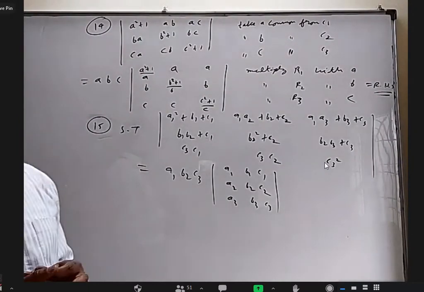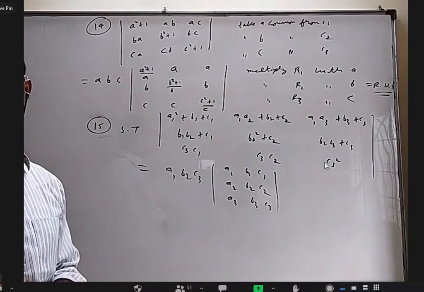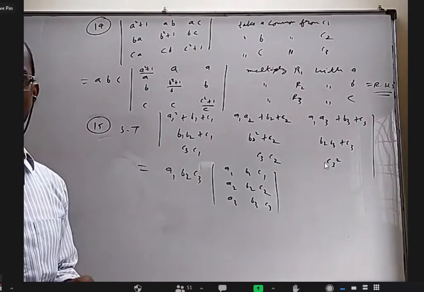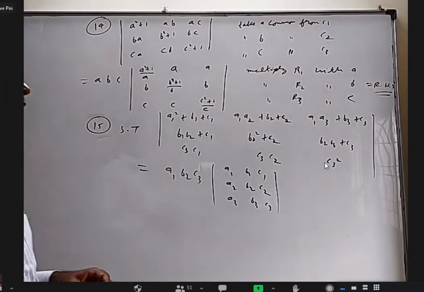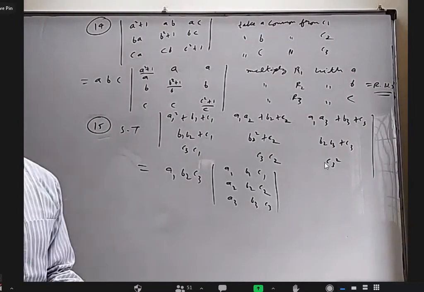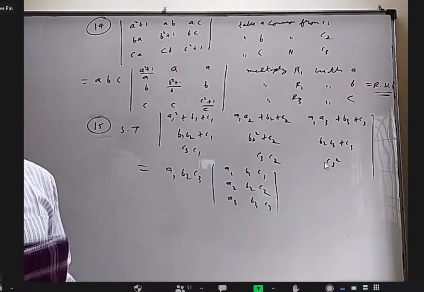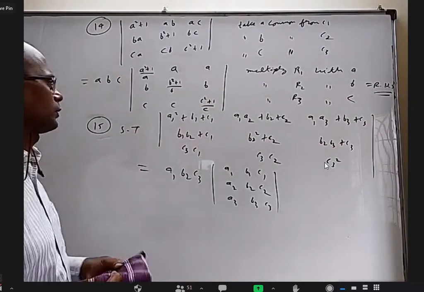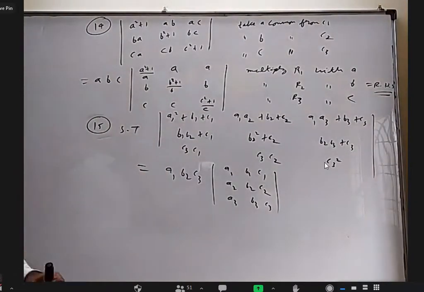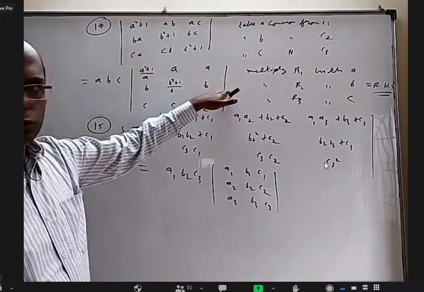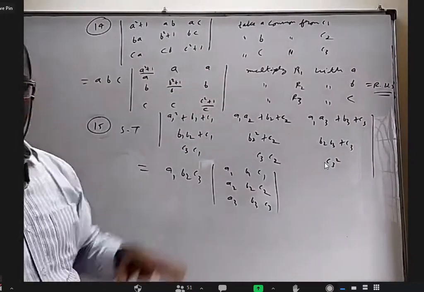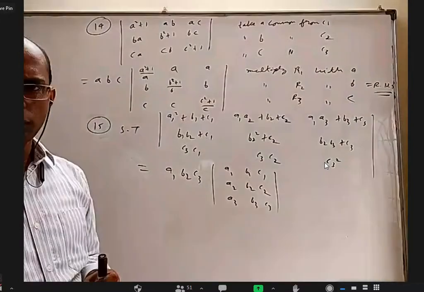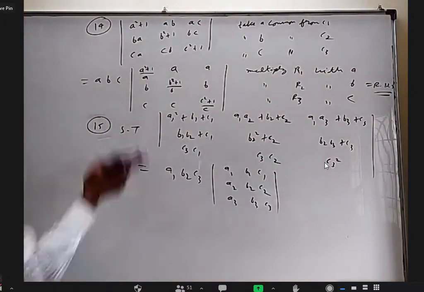First we have to take C3 common from the third row and subtract the third row from the second row. Yes, correct. So we have to do it step by step. Okay. In the morning, in the last minute, I stopped with a question. I hope everybody completed that 14th one. Yes, sir.